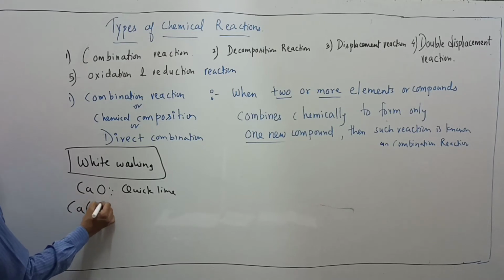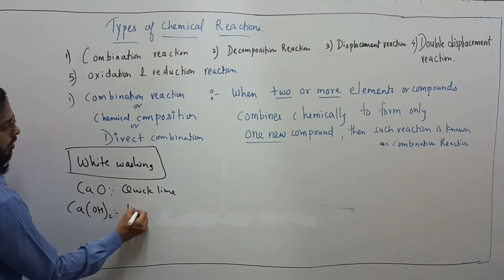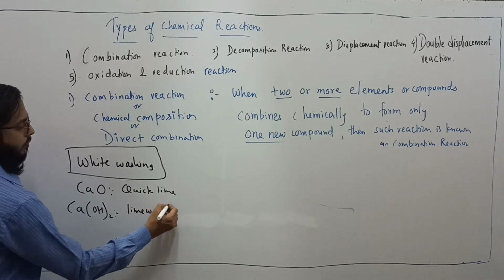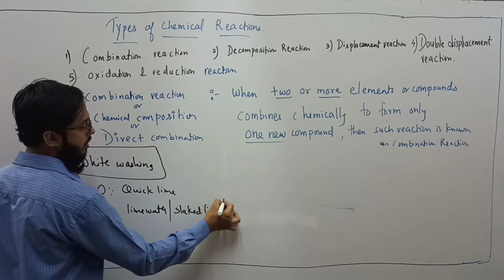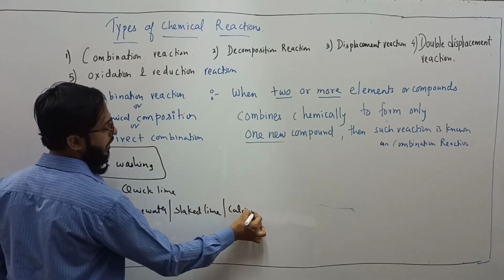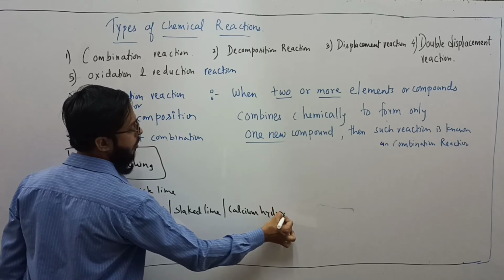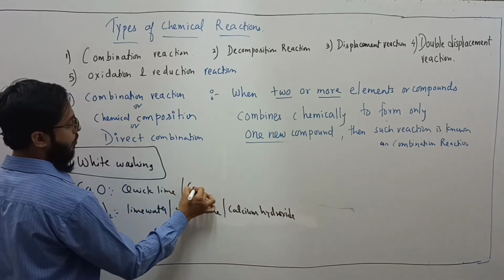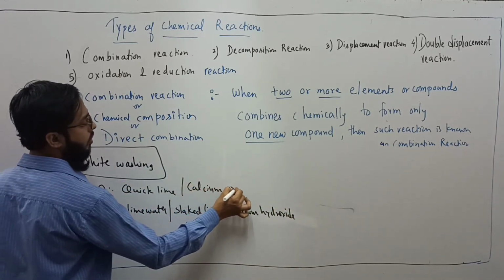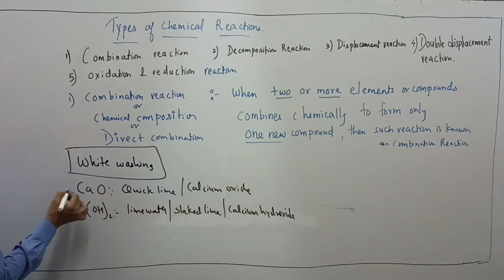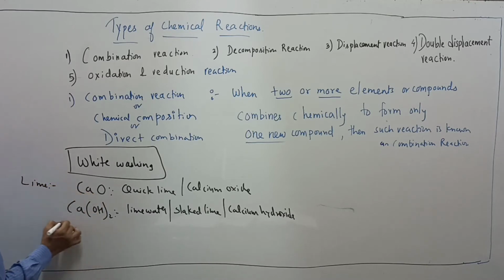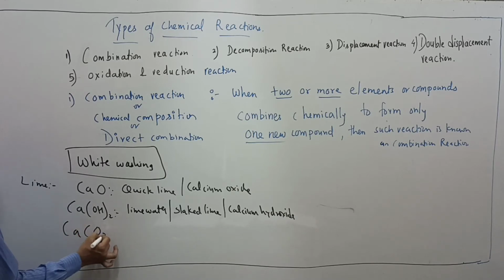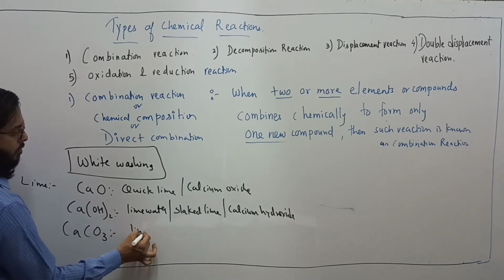Calcium hydroxide is known as lime water, or we can call it slaked lime, and the chemical name of this compound is calcium hydroxide, and that of calcium oxide is known as quicklime or lime. If you just say lime, it means calcium oxide, and then there is calcium carbonate. Calcium carbonate is also called limestone.